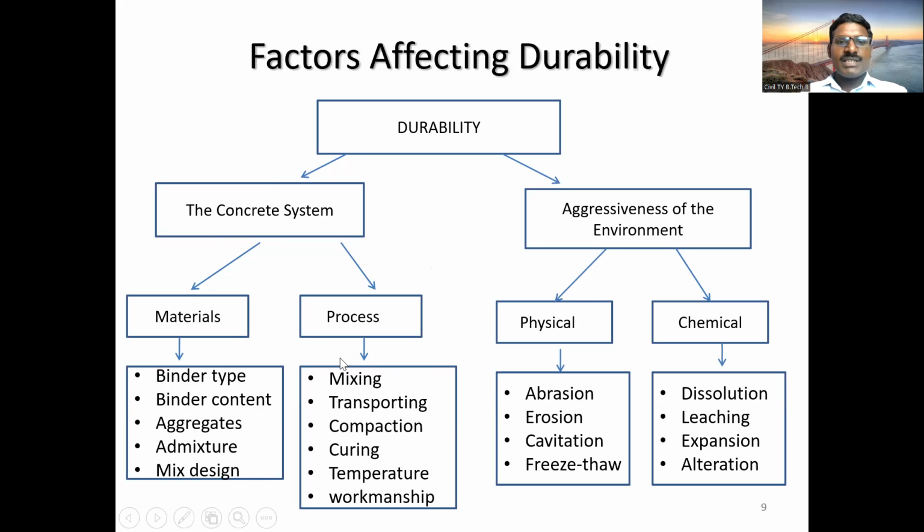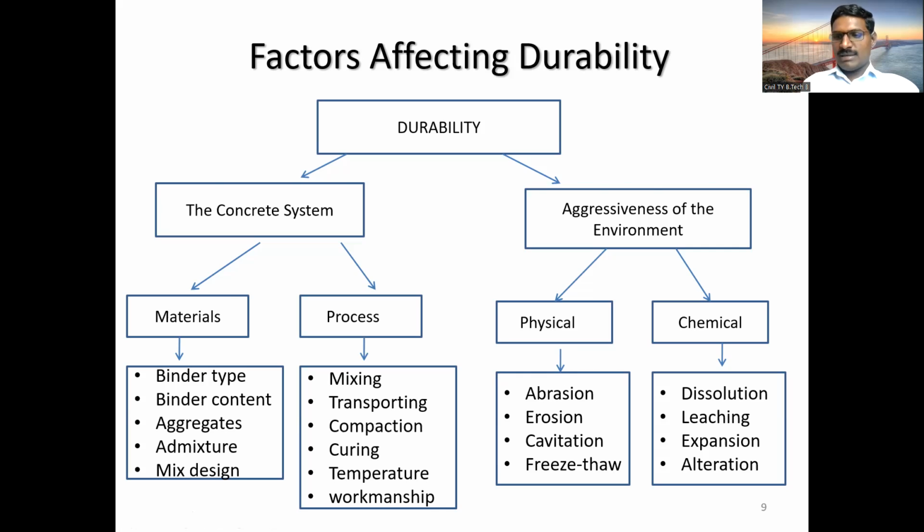These are the methods or processes we are actually doing while manufacturing the concrete. Again, for the service environment, there are physical and chemical actions, as I told: abrasion, erosion, cavitation, meaning vibrations from other buildings, excavations near the same building. And some chemical attacks will be there on the concrete and steel also.